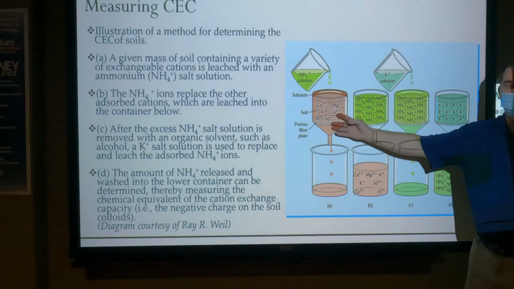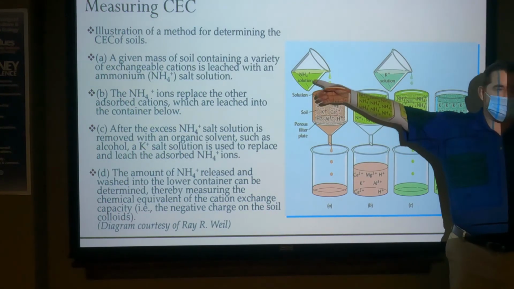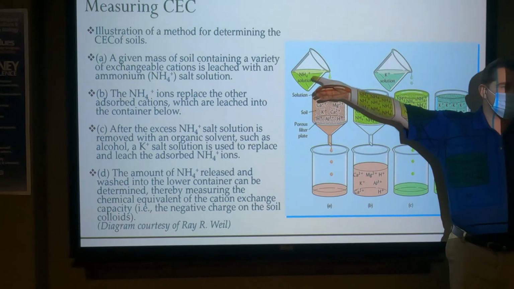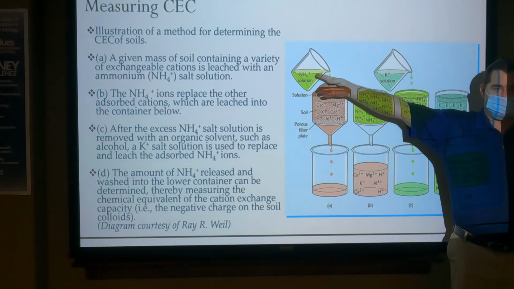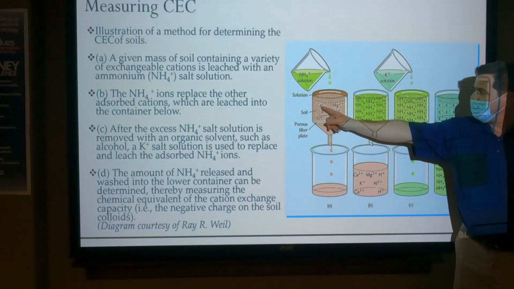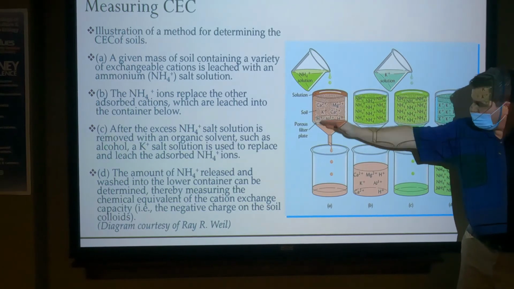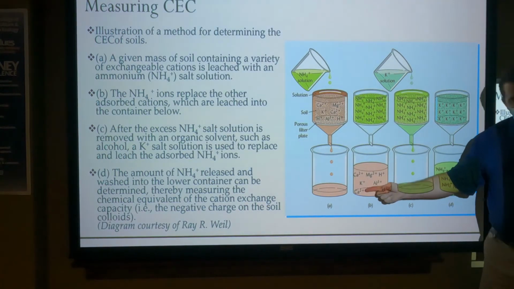So here's the soil sample you sent in. They will flood it with an ammonium solution that has a strong ion concentration, that will overpower our calciums, our aluminums, our magnesiums, and they will be flushed out.